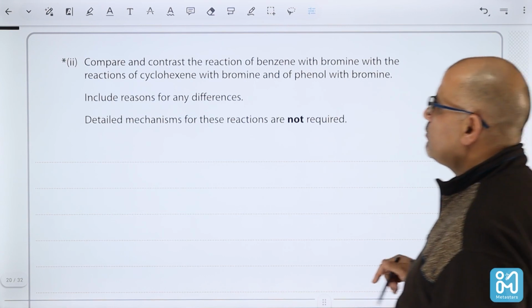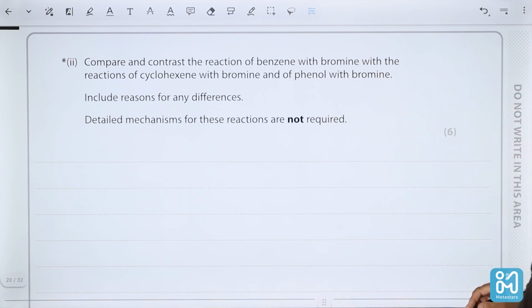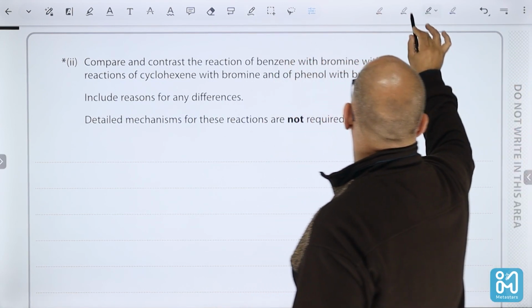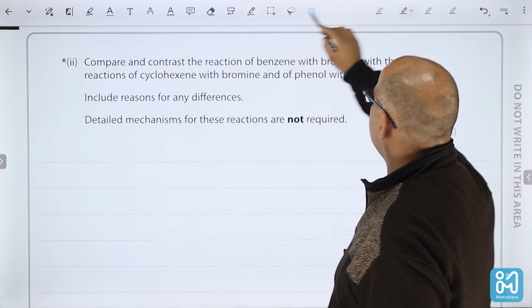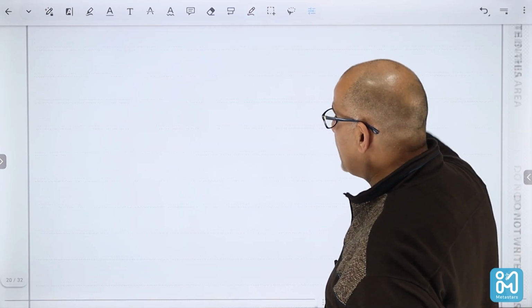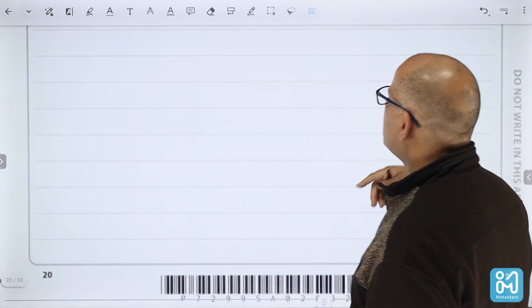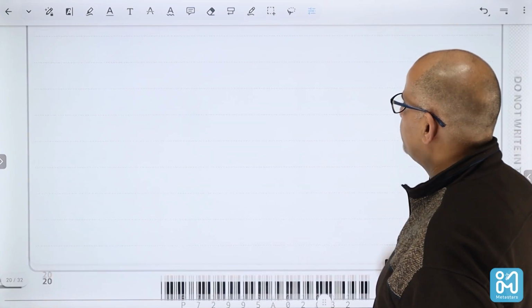Include the reason for any differences. Detailed mechanisms for these reactions are not required. Now, we can summarize, or we should write in detail because he gave you 2 pages to write. So we can write in detail about this.